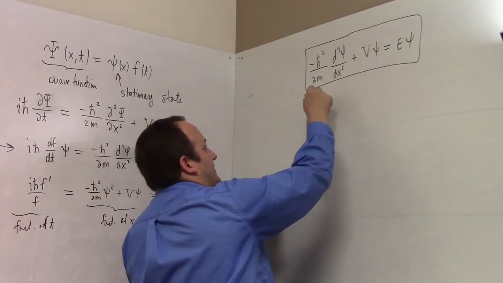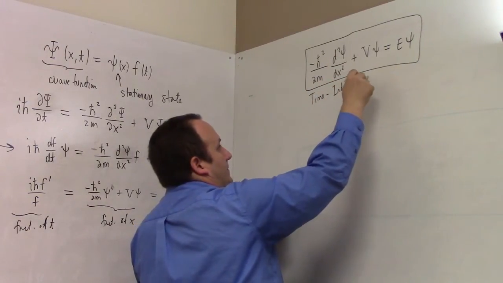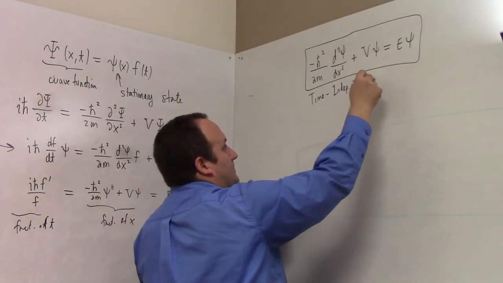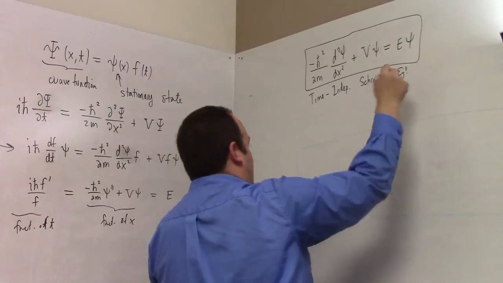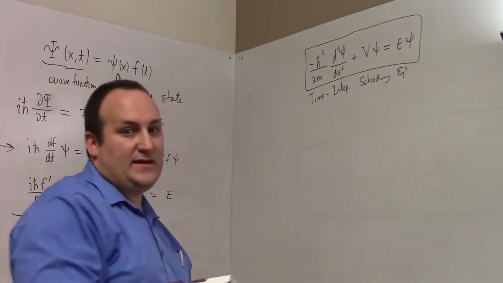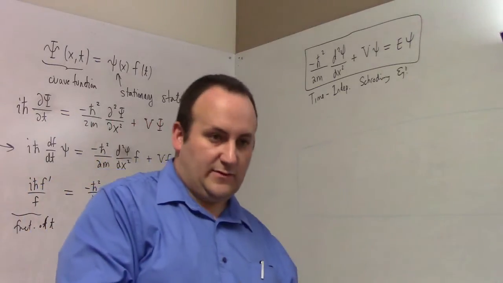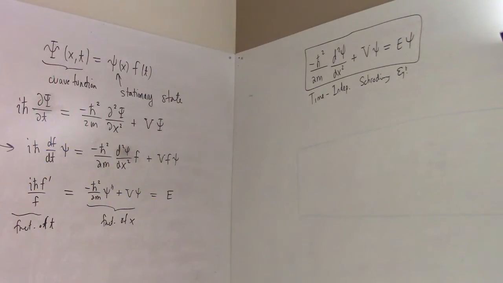We have to solve this in order to find stationary states, okay? All right, so it's kind of an intimidating differential equation to try to solve, a little bit. But we can do it.